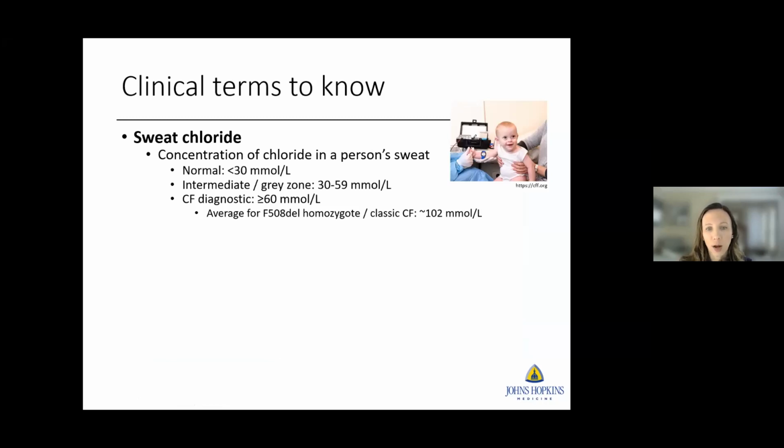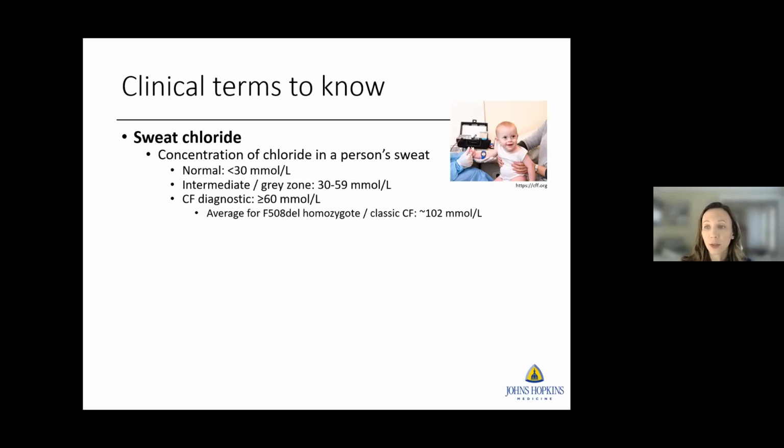So sweat chloride is the concentration of chloride in a person's sweat. That part is relatively straightforward, but it's important to know that the normal range is below 30 millimoles per liter, and the CF diagnostic range is 60 millimoles per liter or higher. And just for some context, the average sweat chloride for somebody with 2 copies of F508del, so this is a really classic, typical presentation of CF, is 102.